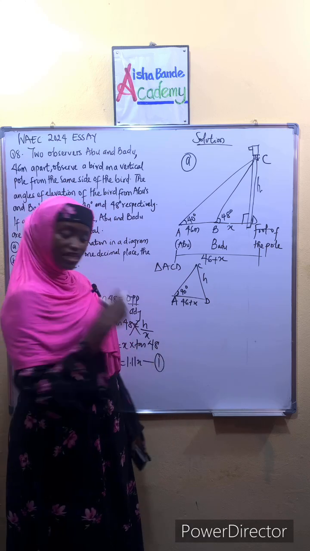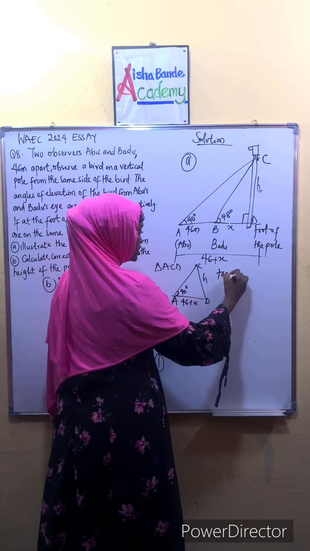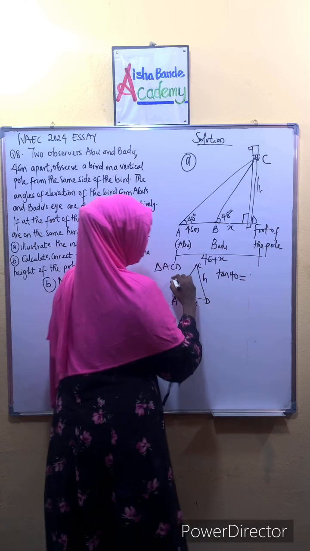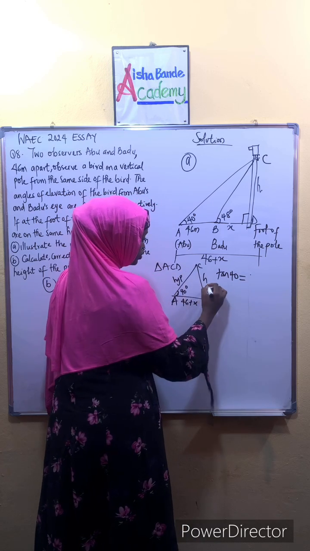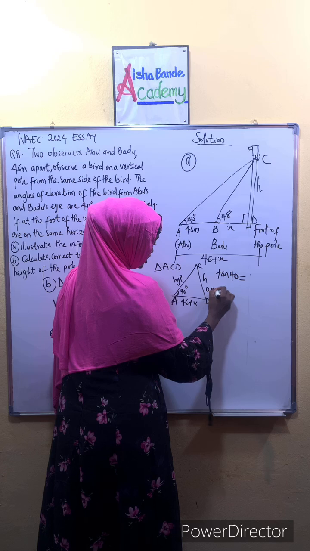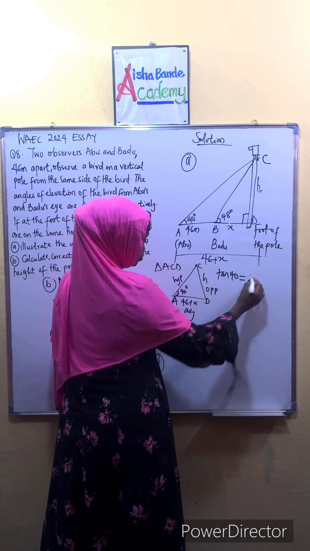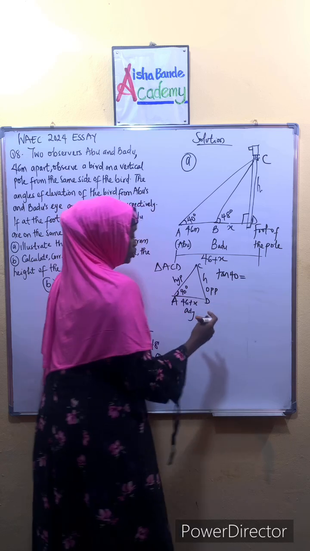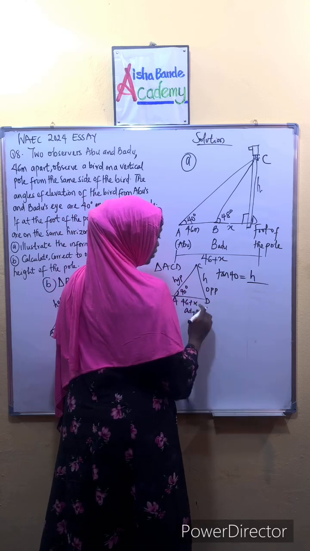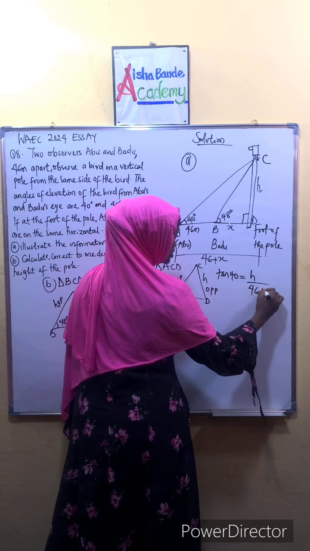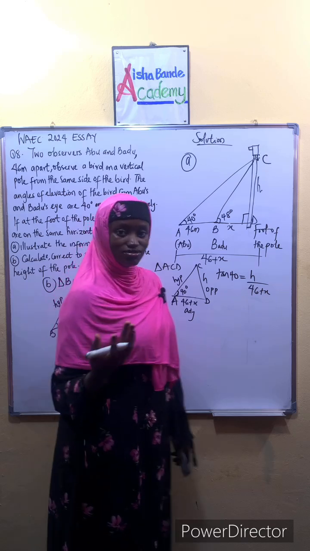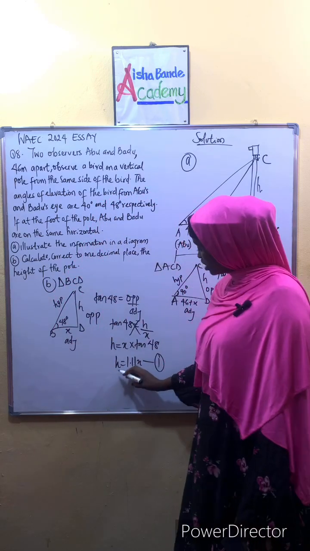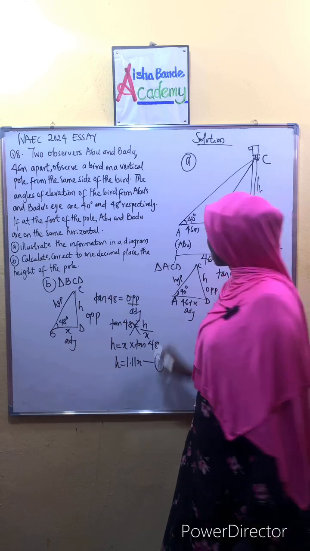So now let's use another trig function, which is tan theta. We have tan 40 is equal to opposite over adjacent. AC is the hypotenuse, opposite is CD, and the adjacent is AD, right? So now let's substitute: tan 40 is equal to the opposite, which is H, over our adjacent, which is 46 plus X. From here we can just substitute the value for H. Since from equation 1, H is equal to 1.11x, we substitute it here.